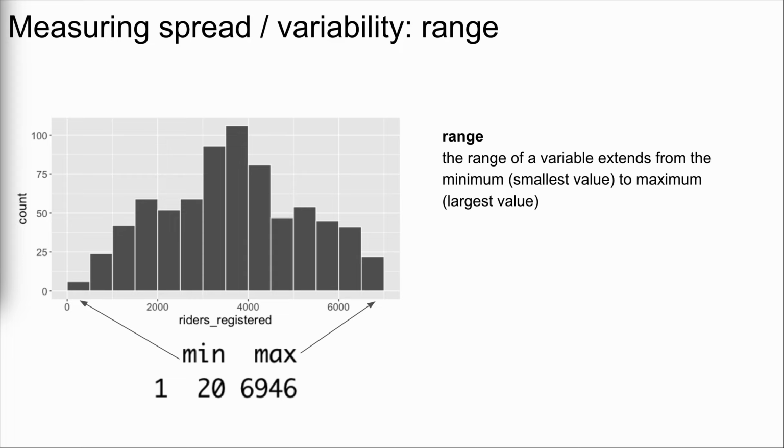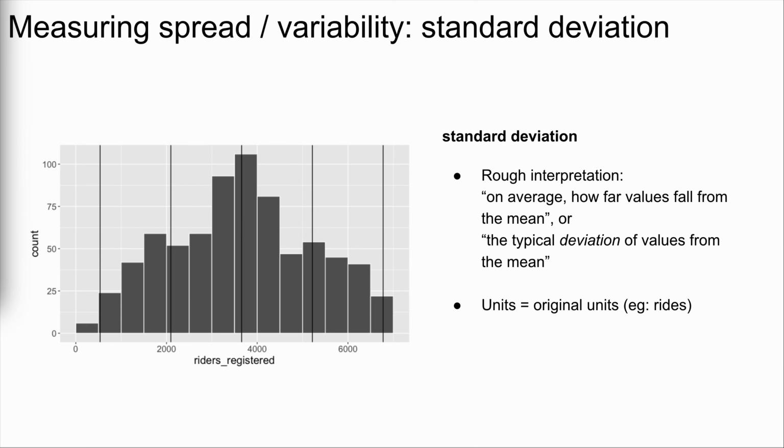These extremes are helpful to know, but we also want to narrow in on the variability within this bigger range. To that end, we can calculate the standard deviation. Roughly speaking, the standard deviation measures, on average, how far values fall from the mean. Or, per the term standard deviation, it's the typical or standard deviation of values from the mean.